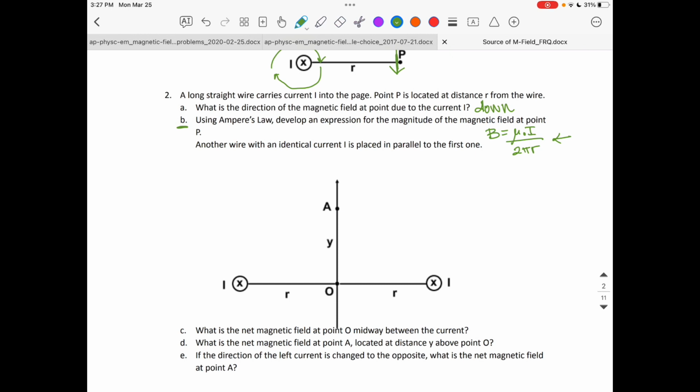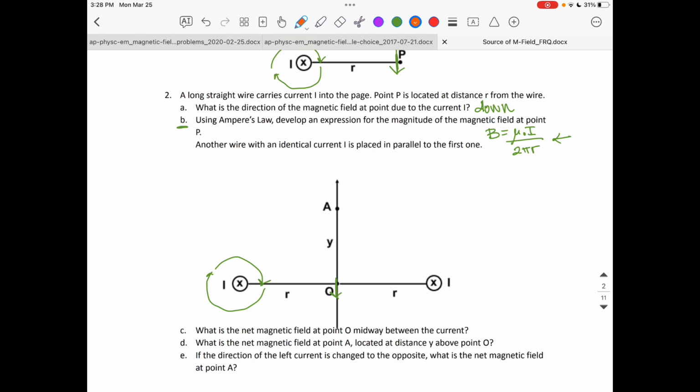Okay, so this next one is what is the magnetic field at point 0, midway between the two current carrying wires. So both of the wires are going to be having a current into the page. For the left wire, as the current goes into the page, the magnetic field goes in a clockwise direction, which means at 0, at the origin, it's going to be downward.